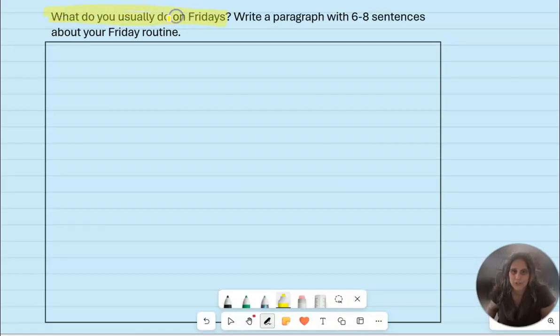Read all the instructions. Continuing, it says, write a paragraph with 6 to 8 sentences about your Friday routine. So the topic is given to you, right?